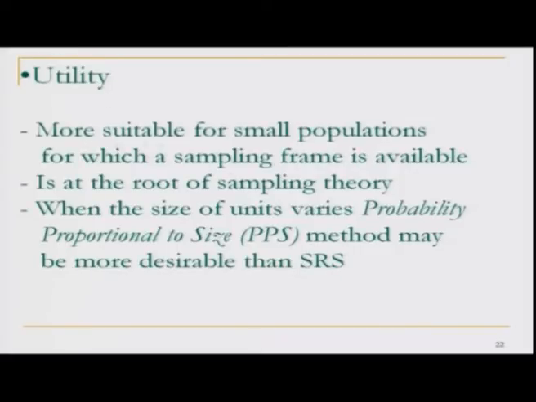Utility: simple random sample is more suitable for small populations for which a sampling frame is available. It is at the root of sampling theory. All other sampling theories for other more sophisticated designs are rooted in the theory of simple random sample.